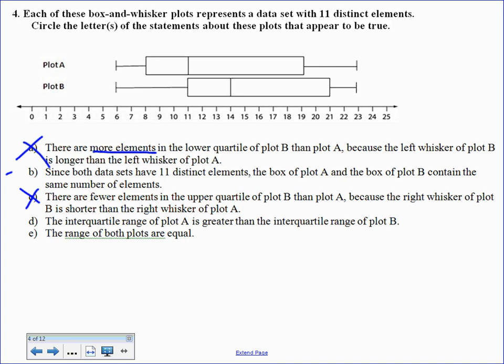The interquartile range of plot A is greater than the interquartile range of plot B. So first we have to know what interquartile range is, also known as the IQR. And the IQR is the third quartile minus the first quartile. So for plot A, that's going to be 19 minus 8. So the IQR equals 11.